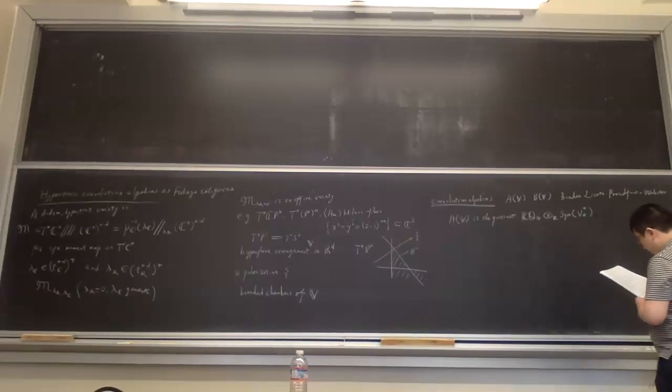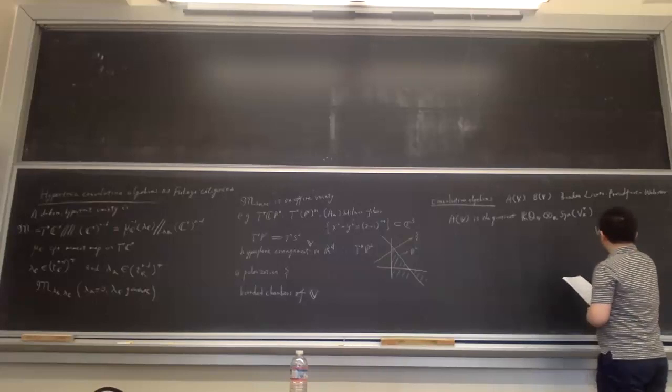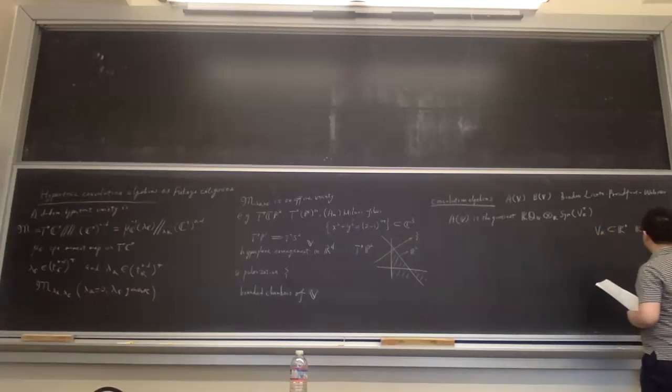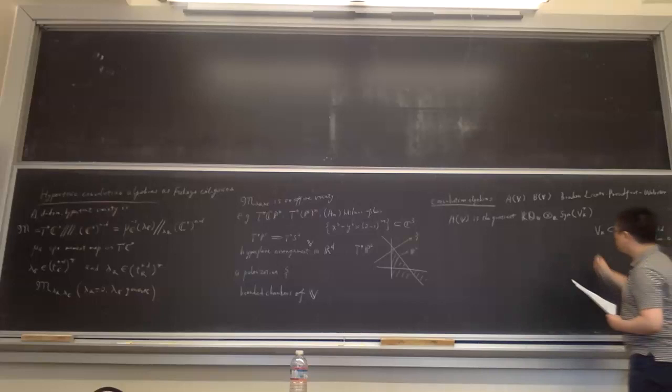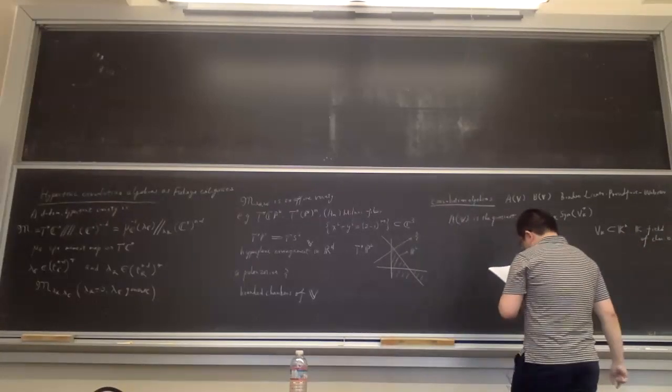So let me tell you what VK is. VK is just a subspace of Kn, with K being a field. In this talk I will specify K to be a field of characteristic 0. For example, the most natural choice is K to be the real numbers.